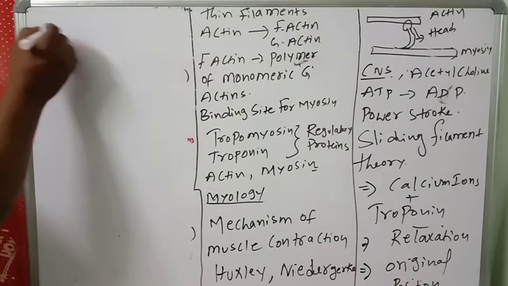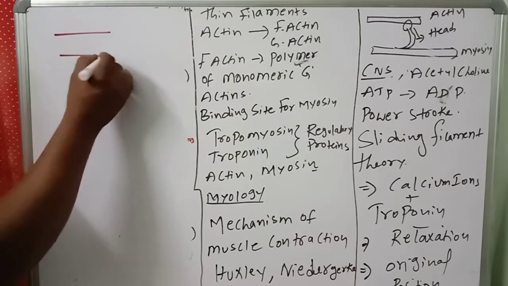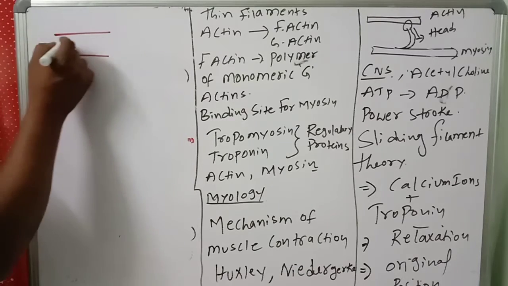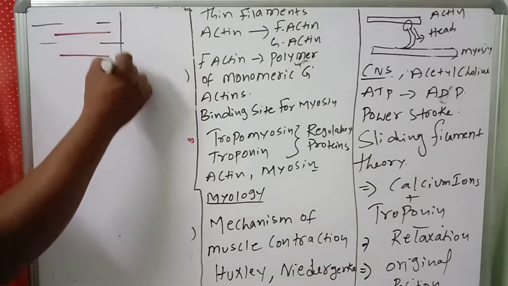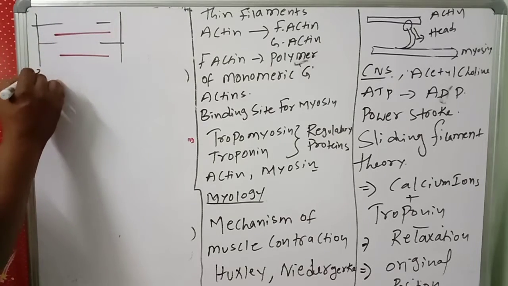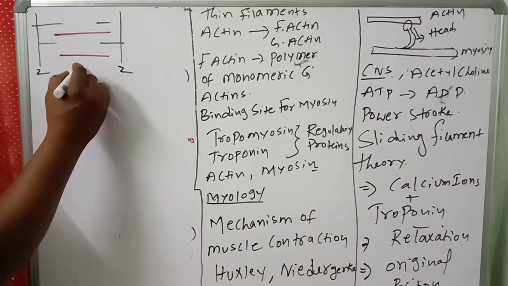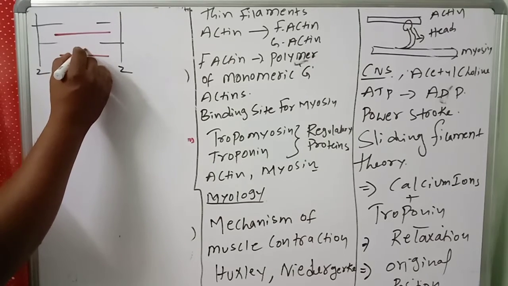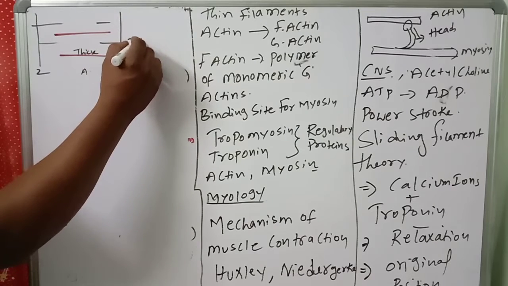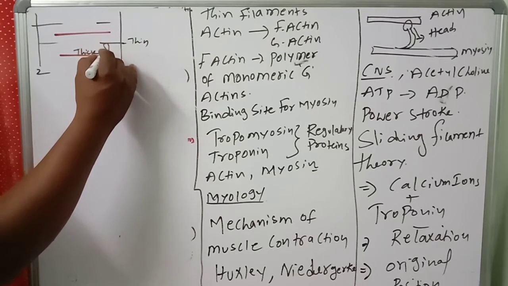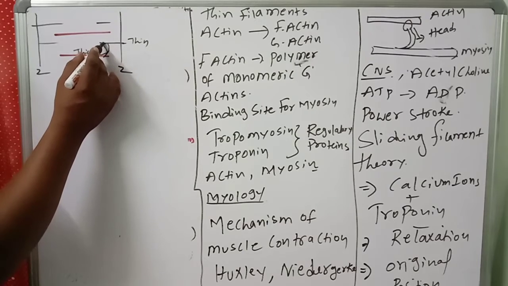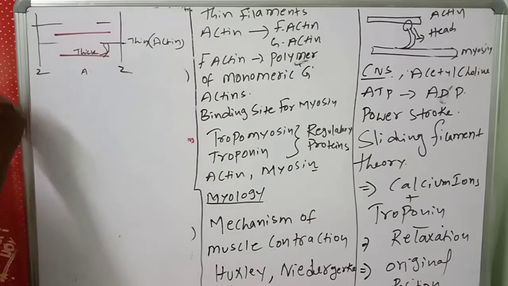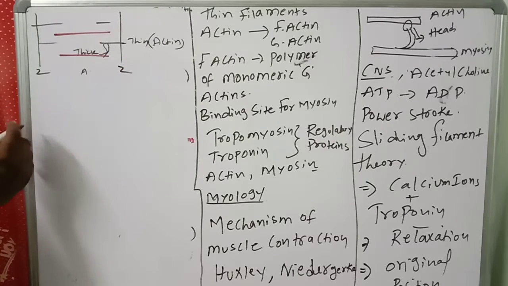This is the Z line, this line is the M line, and you know very well the A band means thick, so thin. Now they will be attached here. The myosin head is attached to the actin. Thin is actin, thick is heavy meromyosin.